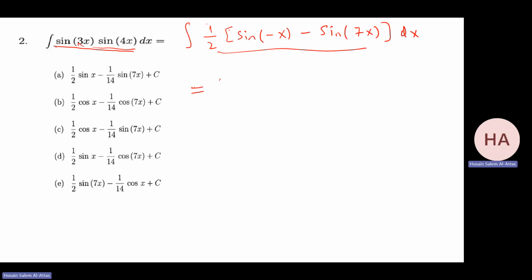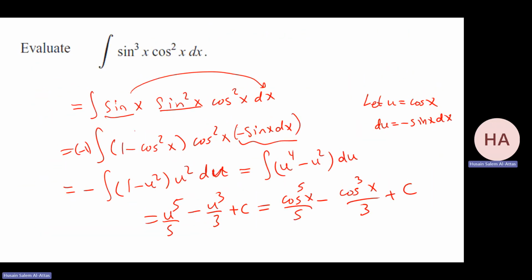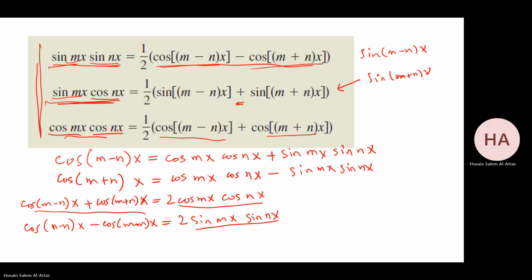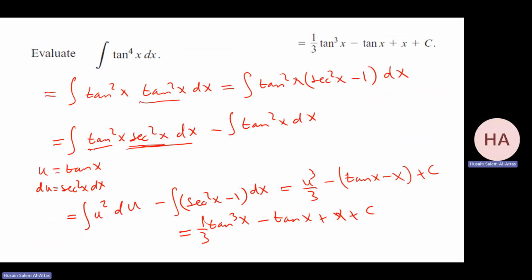Now I rewrite this in terms that are easy to integrate. That gives me what? Minus half sine x, minus... it's not sine, it's cosine. Let's check the formula. Sorry, everything is cosine.